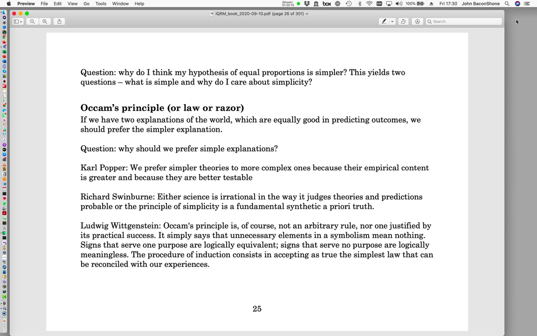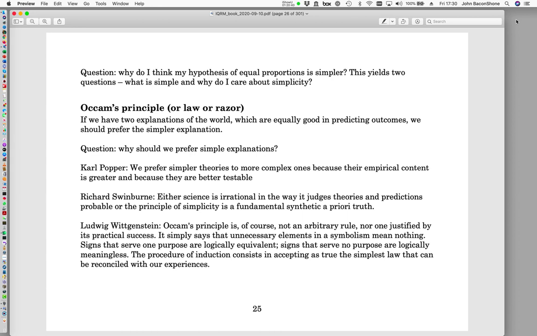This philosophical idea is sometimes called Occam's principle, or Occam's law, or even Occam's razor. And in fact, there was nobody called Occam. His name was actually William of Occam, and he was a medieval philosopher, meaning he lived many centuries ago, so he didn't write in modern English.